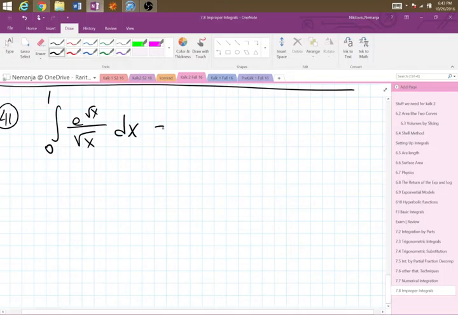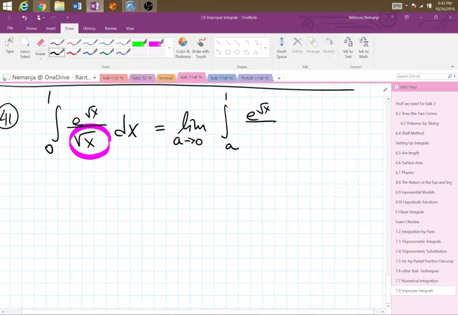We were going to start this problem by noting that we have a bad point at 0. So 0 is the one that I have to replace. Since 0 is the lower limit, I will replace it with a. So we're going to go a goes to 0, and then the integral from a to 1 of e to the root x divided by root x dx.